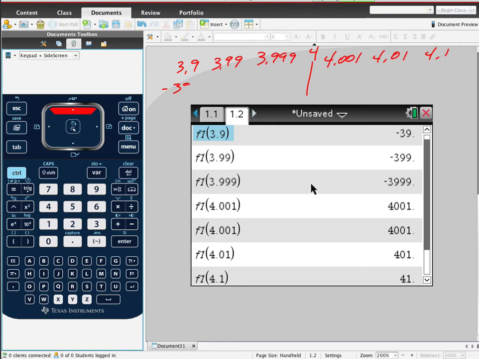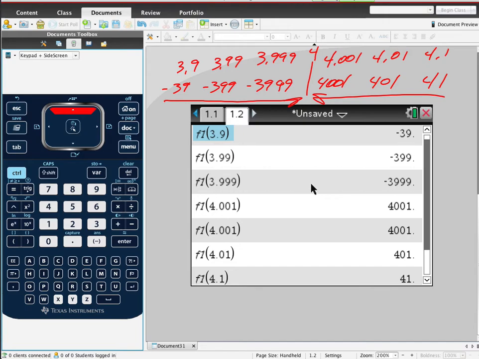So negative 39, negative 399, negative 3,999, 4,001, 401, and 41. So as I come in from the left, as I come in from the right, am I going to the same place? No.